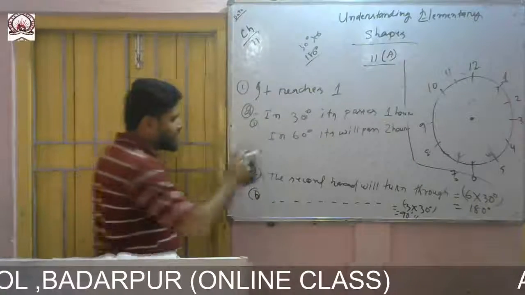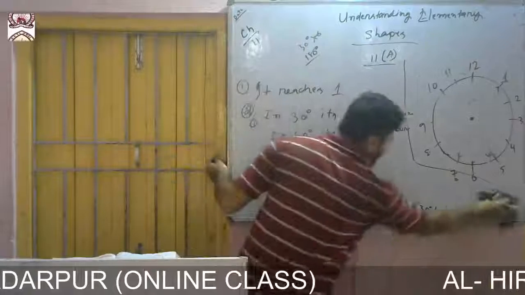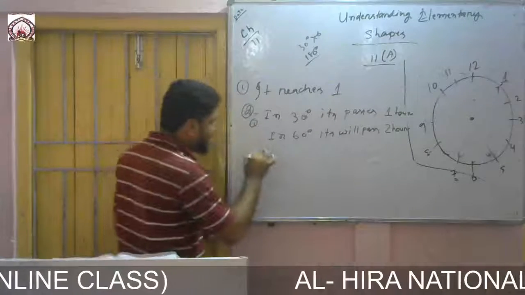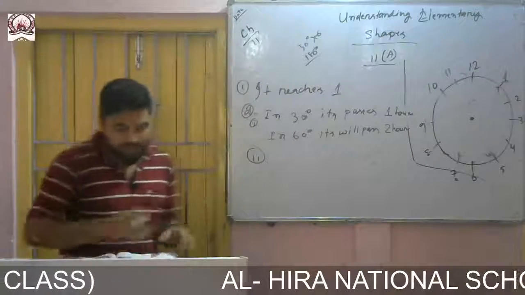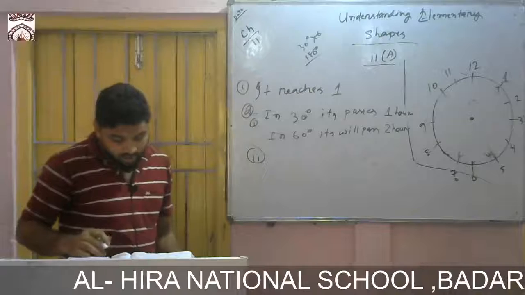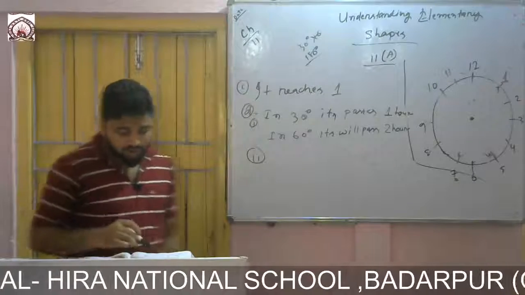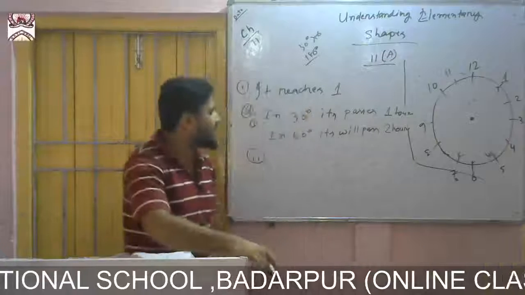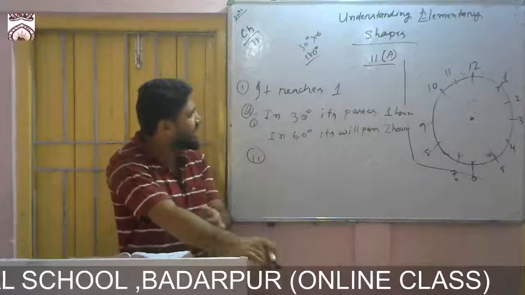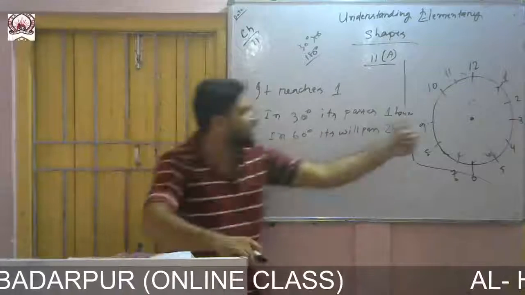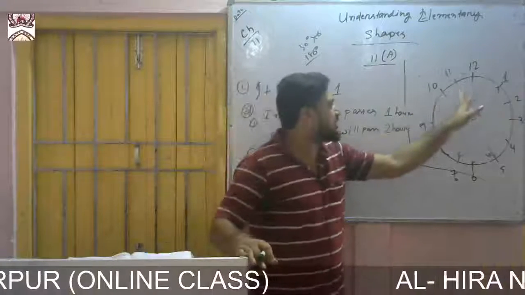Then Roman 2, you see. Or directly you can write by mouth also, no problem, by finding here. How? You see, 180 degrees from 10 o'clock.